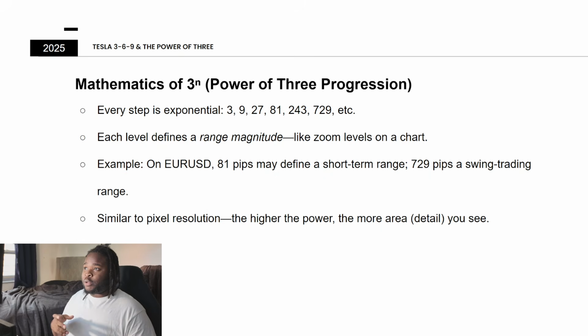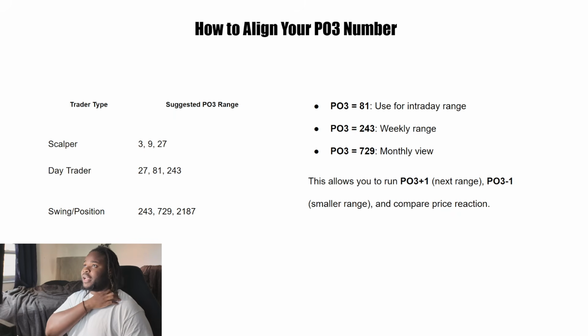For example, the 81 pip may define a short-term range, and a 729 pip is a swing trading range, right? So you're just scoping in and out of your ranges. Similar to pixel resolution, the higher the power, the more detail you see. The higher the power, 729, the more detail you see. All right.